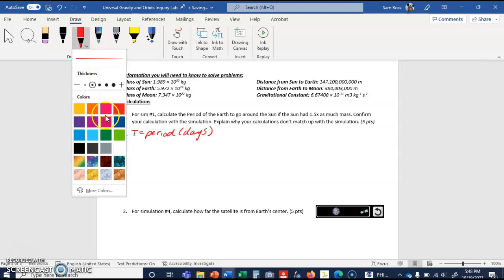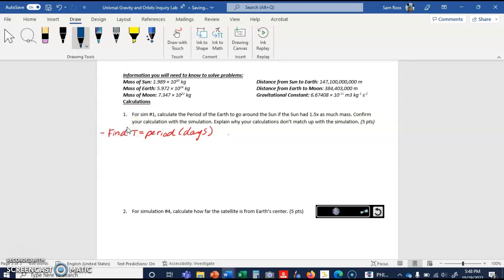So on our road to that, we need to find the mass of the sun times 1.5. So we'll take 1.5 and we will multiply it by the mass of the sun.